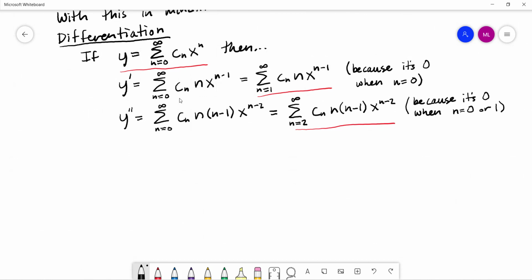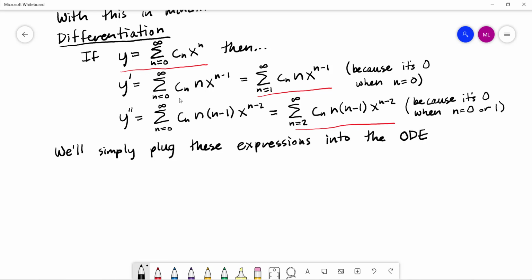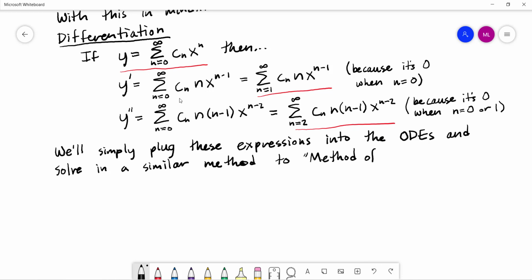Okay, so basically, we'll simply plug these expressions into the ODEs and solve in a similar method to the method of undetermined coefficients.